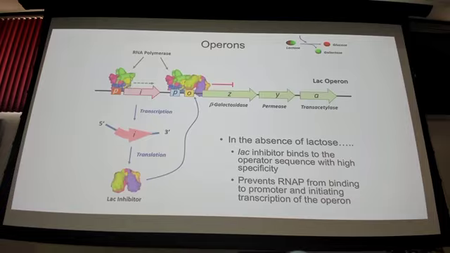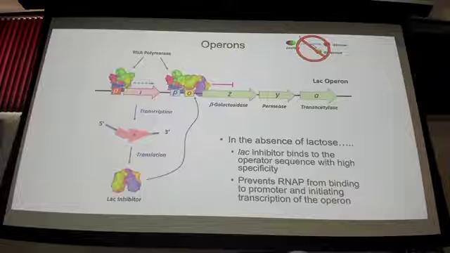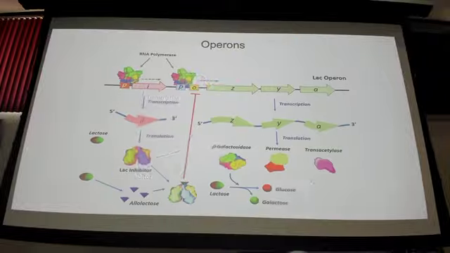So this is the inducible example, where you're off until you're told to go on, and what's telling you to go on is that environmental signal, lactose. If you don't have it, then you're just going to stay off. You're not going to waste the energy. That's the whole point. And that repressor is just going to be sitting there on the operator, like chalk blocks on the car.